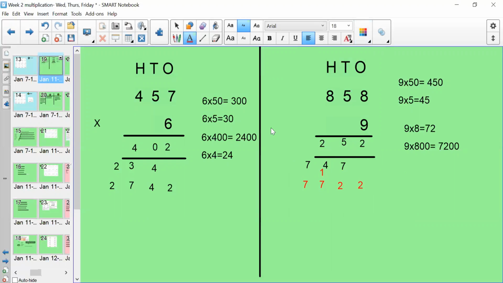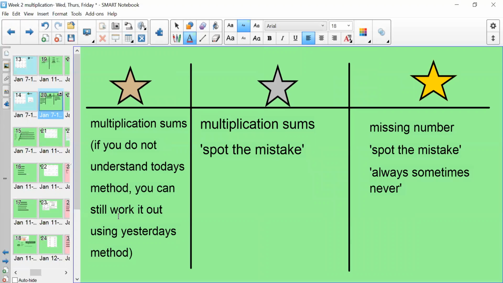Okay, so your activities today are bronze. You're still multiplying 2-digit numbers if you're feeling a little bit unsure about 3-digit numbers. And you can either have a go at regrouping it like we did today, or still writing out all the numbers and adding them together at the end. The silver challenge is to practice 3-digit multiplications like we've done in today's lesson, showing me your regrouping at the bottom.